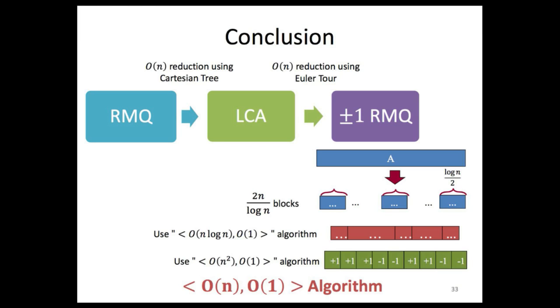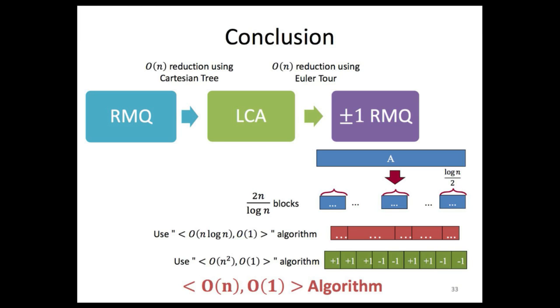So you start with the RMQ problem. You're asked, give me the range minimum of i and j. You convert that to LCA by doing a Cartesian tree, which basically says, given an array, I would divide the array into two parts at the minimum value in that array.